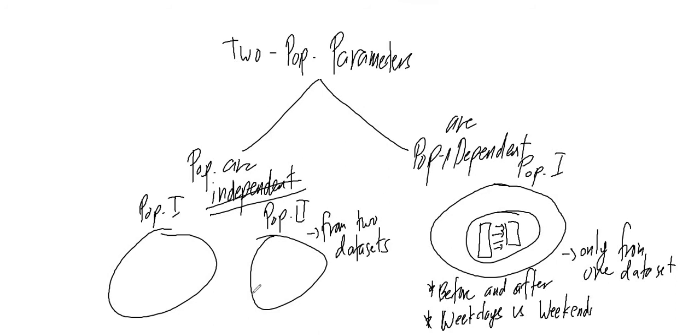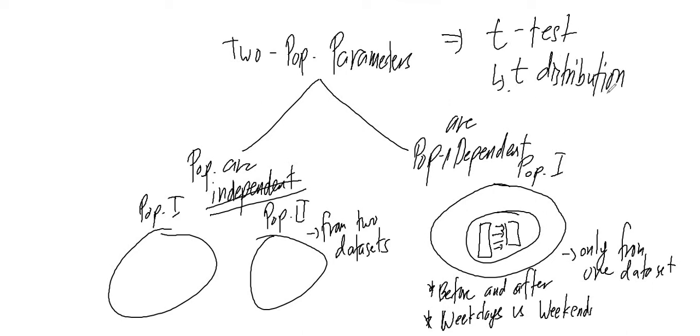And all of them, we will be using the t-test, which means we're going to use again the t-distribution. And why is that? Because whether or not these populations are big or small, the t-distribution can be used to at least approximate the normal distribution.